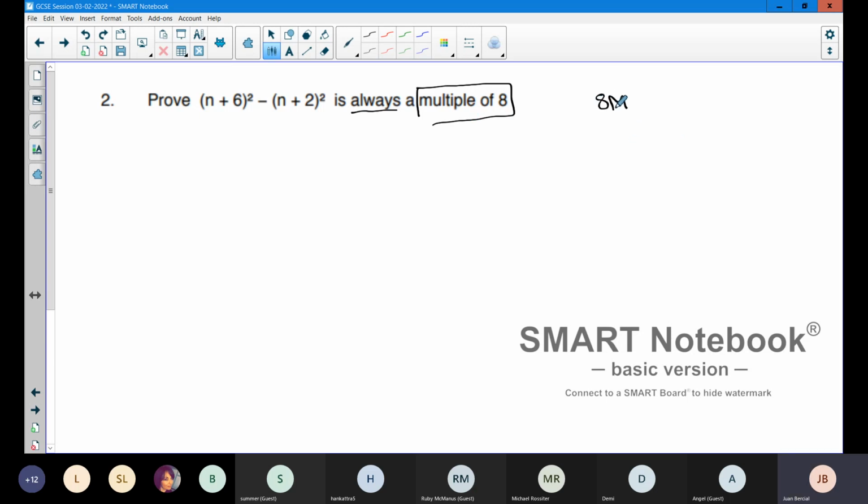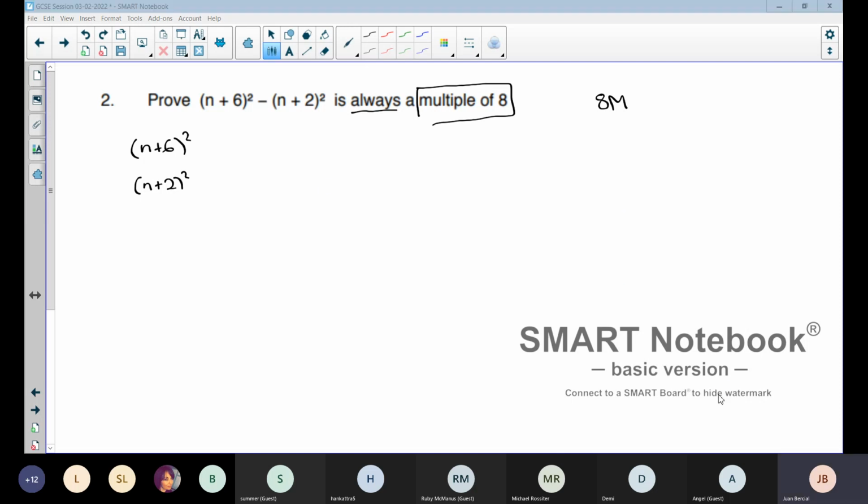So at some point, we're going to take 8 as a common factor. First of all, we need to do some algebra. We need to expand this bracket, and then we'll expand this bracket underneath. See if you can do this.